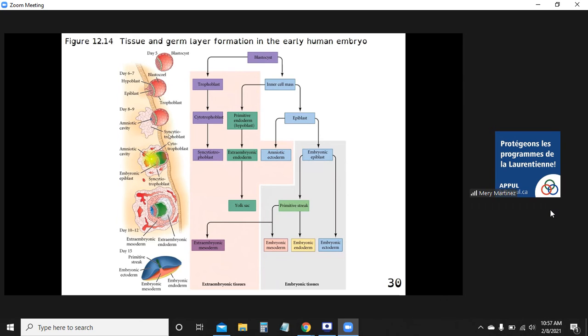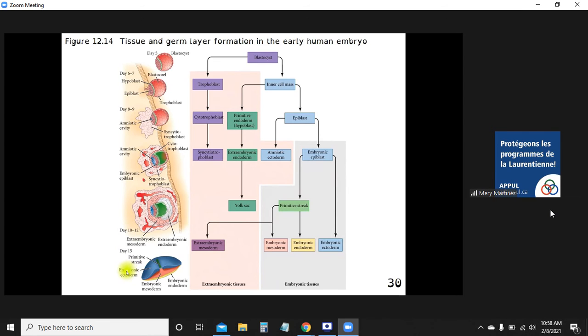So here we have the trophoblast that was happening here, divides into this cytotrophoblast, okay? That is the one that is surrounding, and the syncytial trophoblast that ingresses and allows the embryo to niche inside.